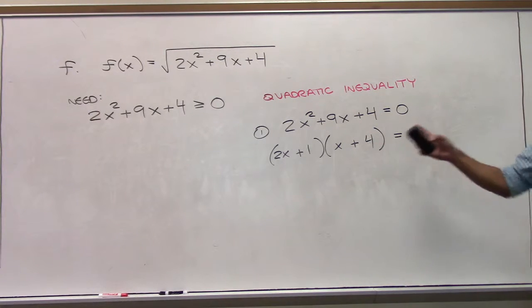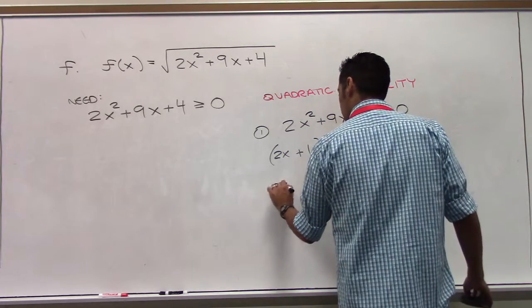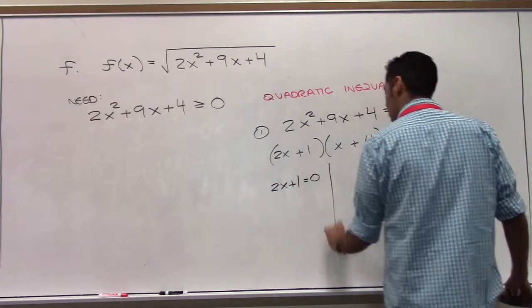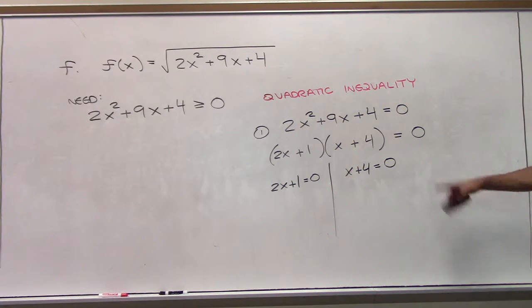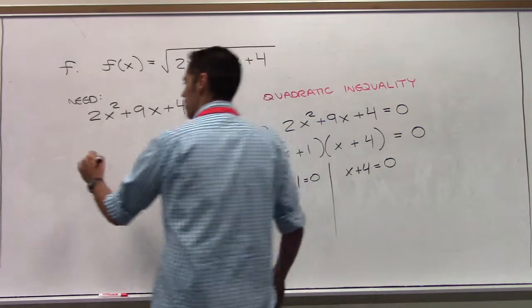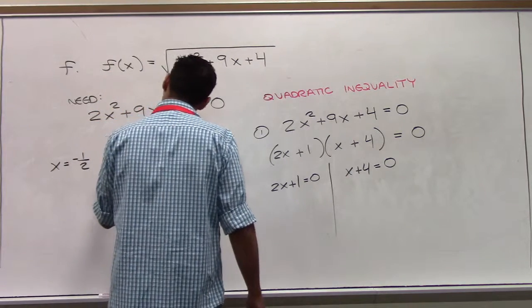Now we set each of those factors to 0, right? So we get 2x plus 1 equals 0. That's one thing I'm solving. X plus 4 equals 0. That's another thing I'm solving. And I get two answers. What are those two answers? X is negative 1/2, and x is negative 4.